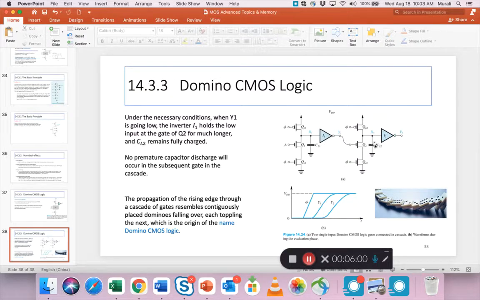But because of these two inverters, they provide a strong level between this stage and this stage, and that ensures that there is no fall. It has the name domino because the outputs Y1 and Y2 come one after the other. It's like dominoes falling, right? You can see the shape here. So that's why it's called domino CMOS logic.